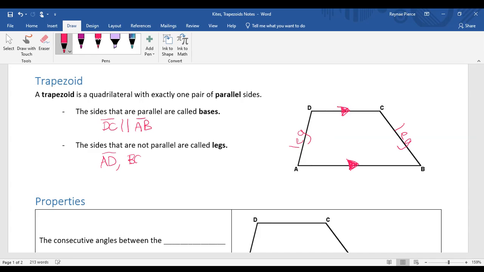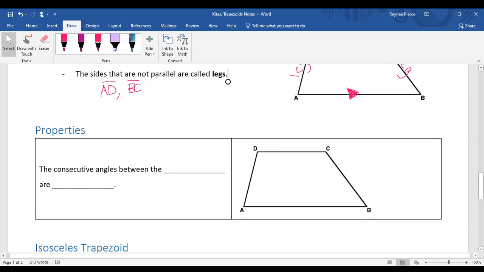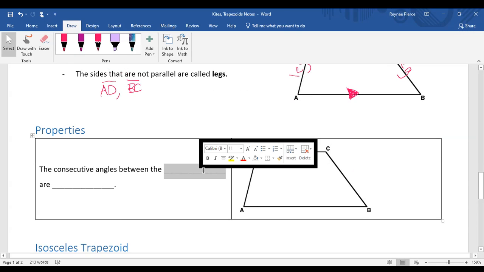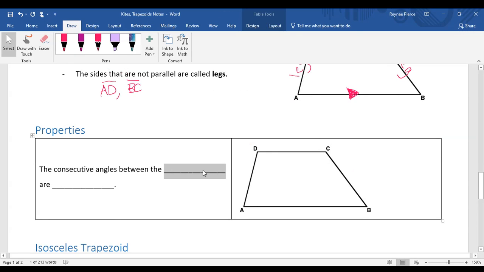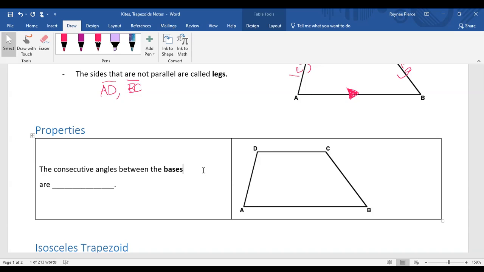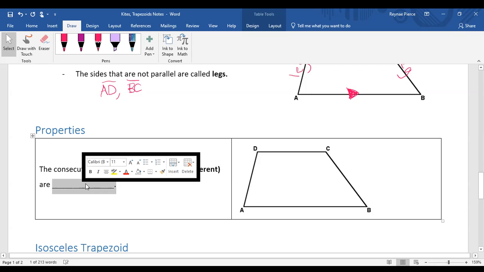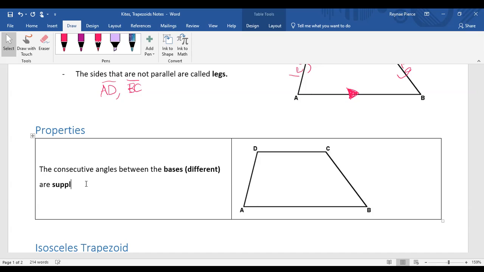For a regular trapezoid, there's no special relationship between the legs. One property of a trapezoid is that the consecutive angles between the bases, so they're on different bases, are supplementary.